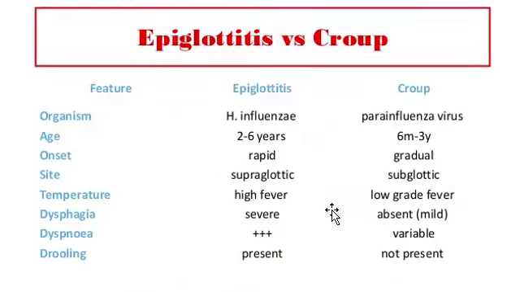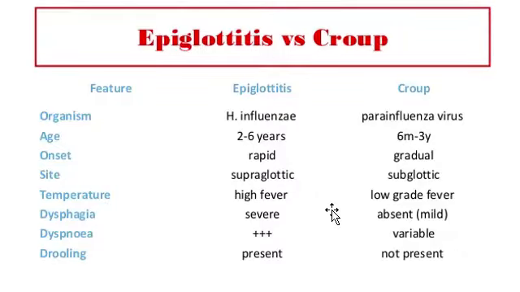As for the difference between epiglottitis and croup, the etiological factor in epiglottitis is Haemophilus influenzae. In the false croup, it's the parainfluenza virus, while in true croup the etiological factor is the Loeffler bacillus, the diphtheria.